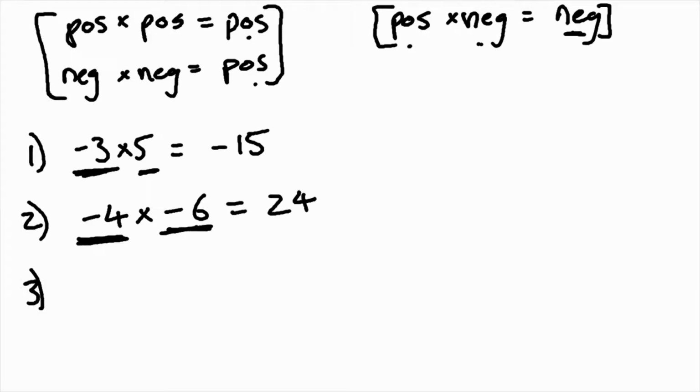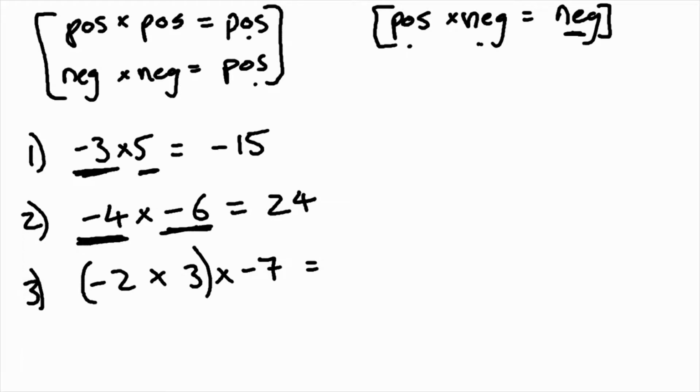Question 3. -2 multiplied by 3 multiplied by -7. Now when you've got an example like this, where you're multiplying or dividing more than two numbers, you're going to have to do them in parts. So I'm going to split it up and do the -2 times 3 first.